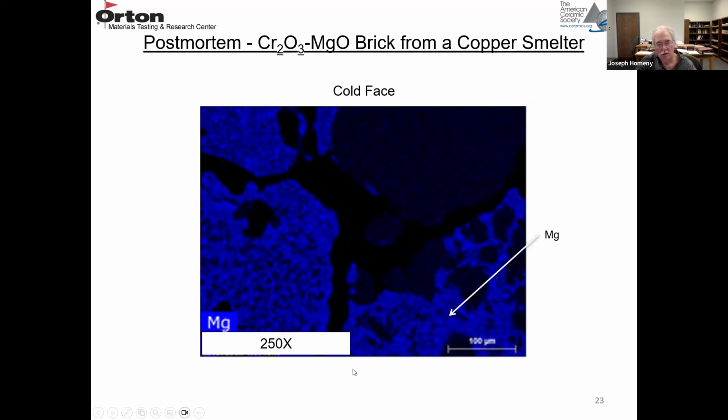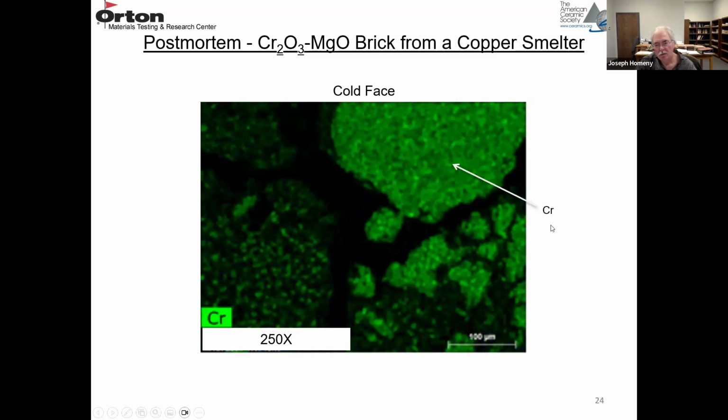So you can see the location of the MgO. There's an aggregate here, here, and this one. The black areas are where the chrome was. So Cr is in green. Here's a chrome aggregate, and then you can see there's chrome in this grain. There's also some chrome diffused into the MgO.